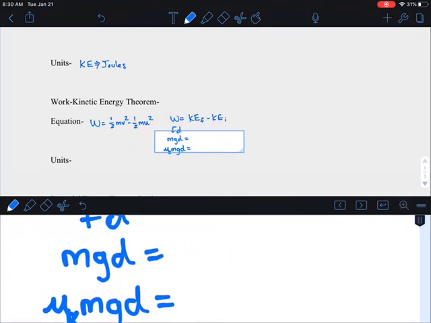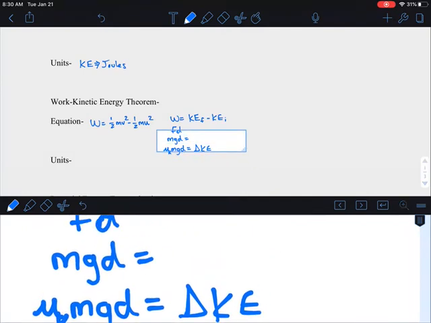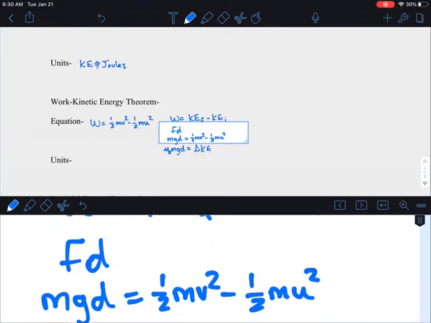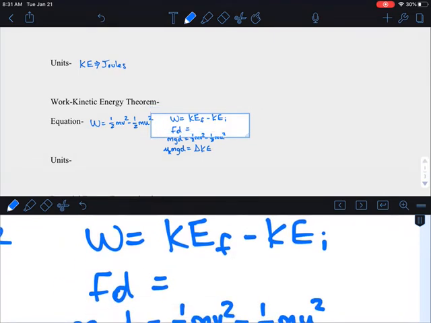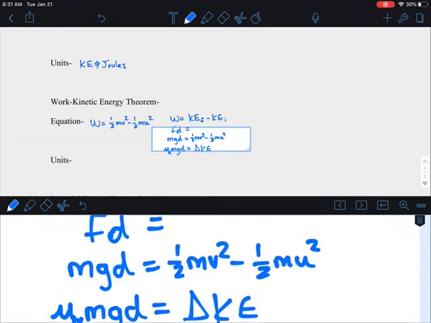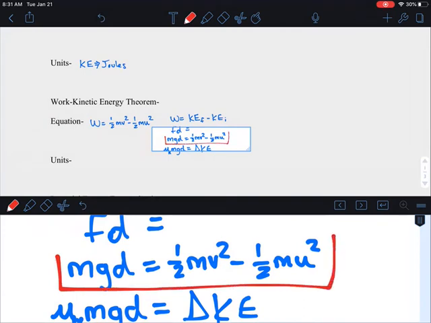You could write the change in kinetic energy, so the change in would be final minus initial. You could rewrite it the full way, 1/2 mv squared minus 1/2 mu squared. All right, or you could rewrite it as this: final kinetic energy minus initial kinetic energy. All right, so this equation can change quite a bit just depending on what you're given. All right, so you can start to see if you get this equation right here, there's quite a few variables that you're going to be given.